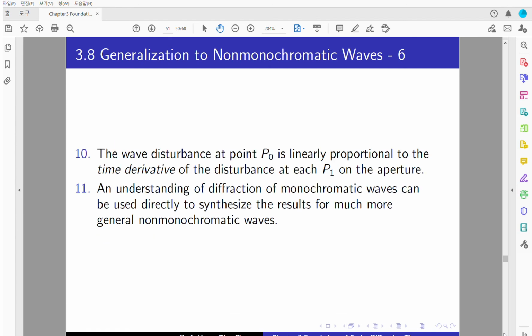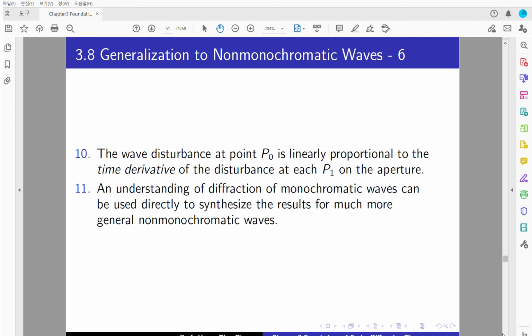So the wave disturbance at point P0 is linearly proportional to the time derivative of the disturbance at each point P1 on the aperture. It makes sense because the derivative of the disturbance determines the temporal response at the observation point. An understanding of the diffraction of a monochromatic wave can be used directly to synthesize the result for much more general non-monochromatic waves.